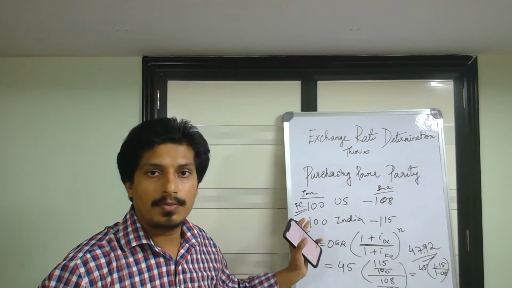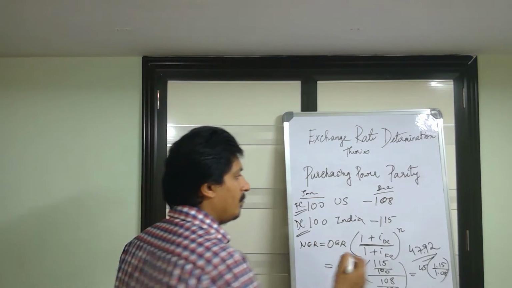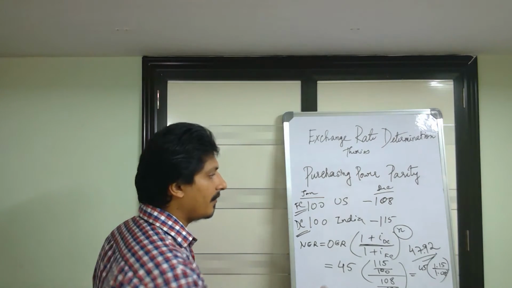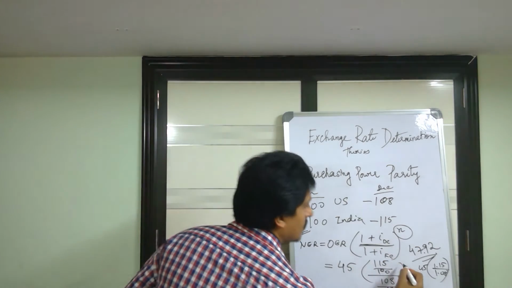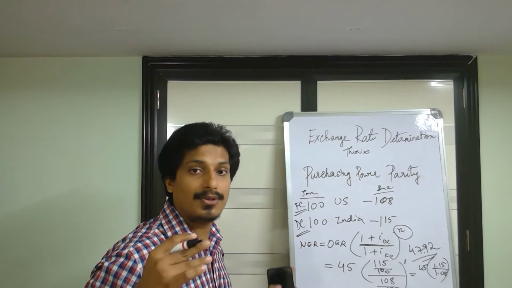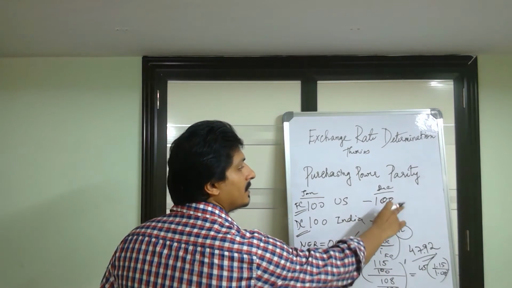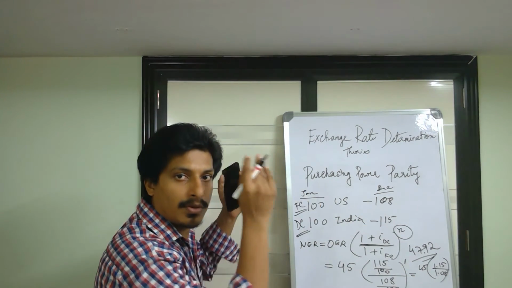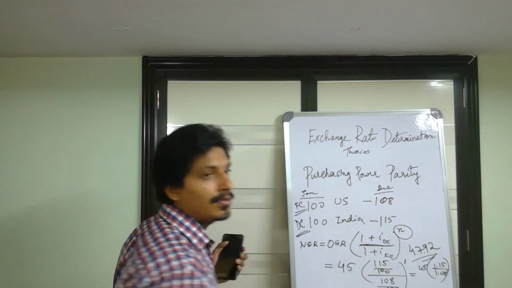Okay, that's it about purchasing power parity theory. Only thing, remember this, there is an n here. If it is 1 year, then put 1, to the power 1. If it is for 6 months, if this index value was for 6 months, then you take 1 by 2. Or 1/4 of the year, 1 by 4.